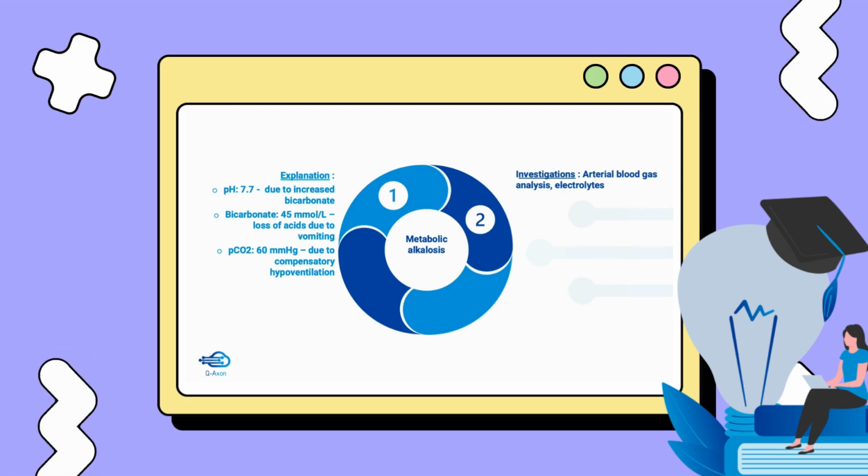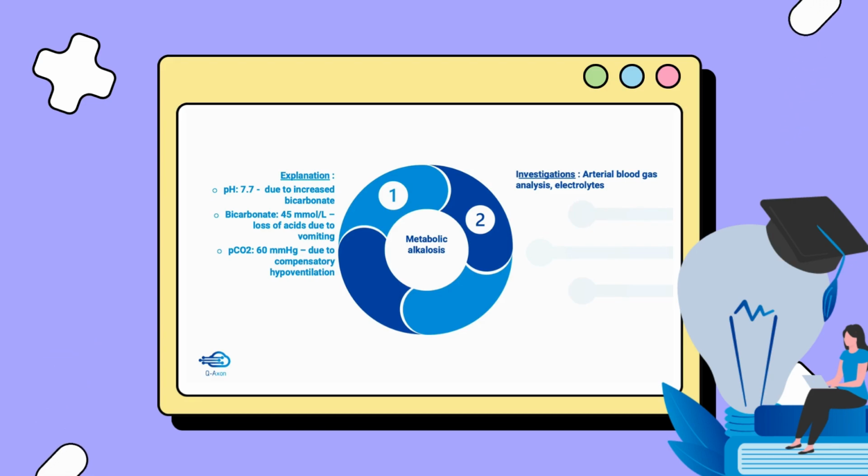Normally, arterial PCO2 increases by 0.6 to 0.75 millimeters of mercury for every 1 milliequivalent per liter increase in plasma bicarbonate concentration. The secondary compensation is increased excretion of bicarbonate by the kidneys, and diminished formation and excretion of ammonia. These are the compensatory mechanisms seen in a case of metabolic alkalosis.